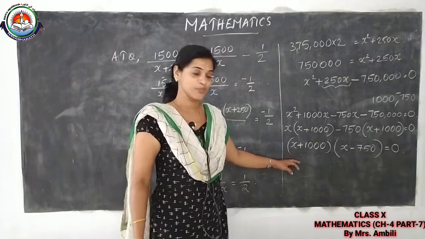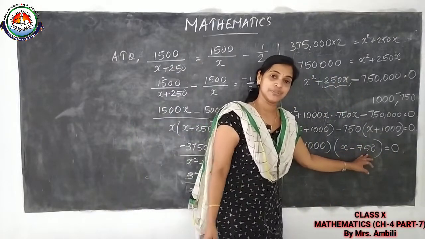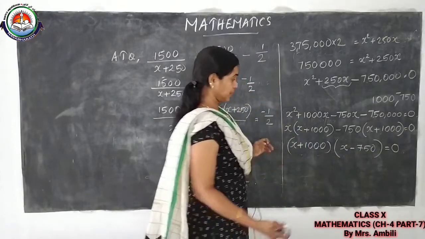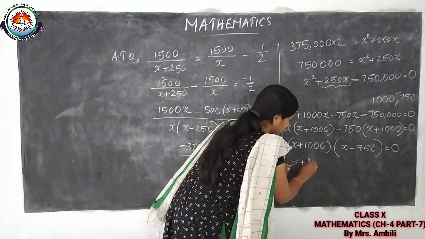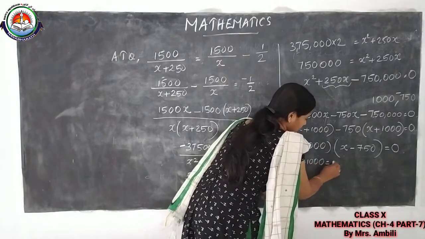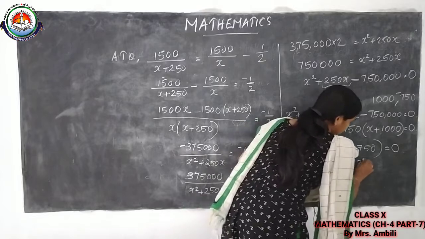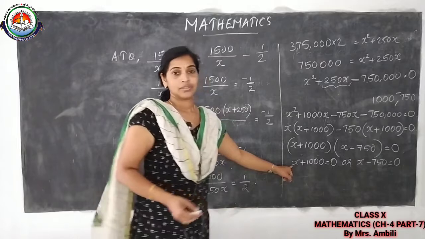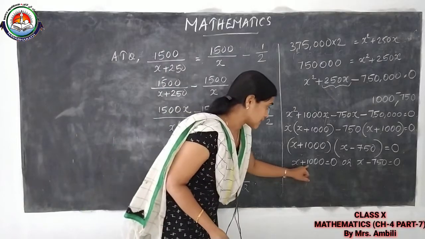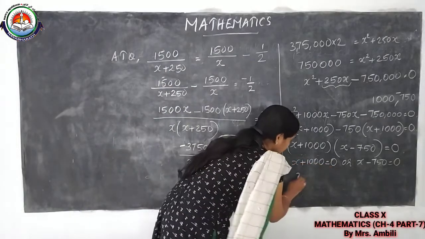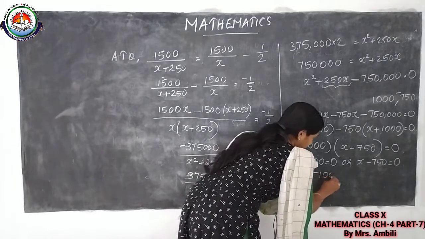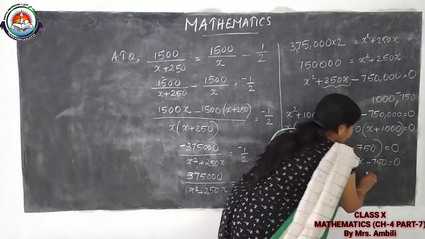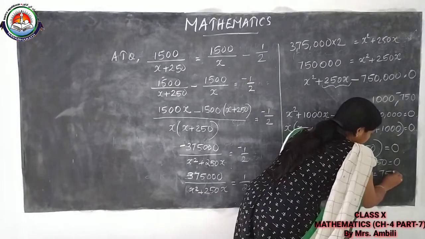Clear? So x plus 1000 equal to 0 or x minus 750 equal to 0. x plus 1000 equal to 0 means x equal to minus 1000. x minus 750 equal to 0 means x equal to plus 750.